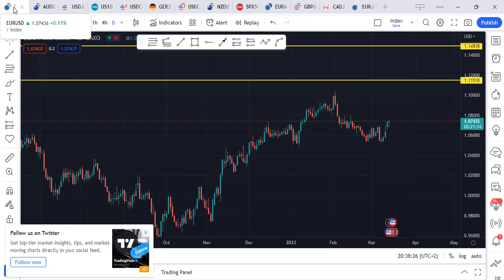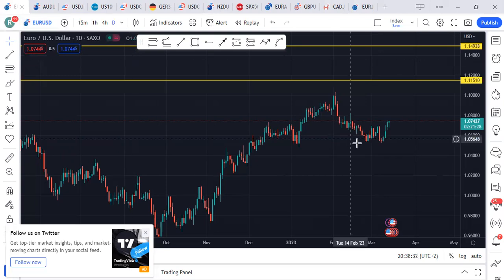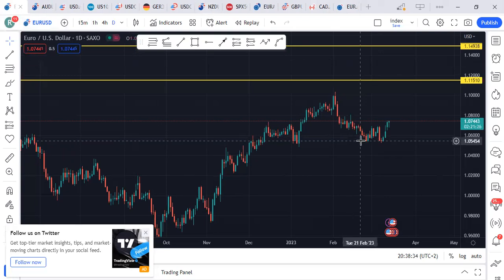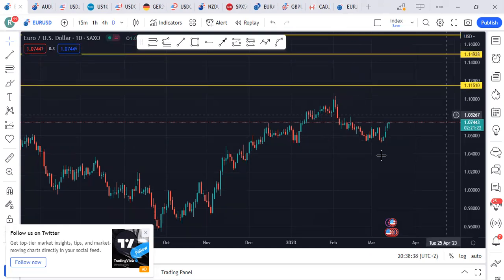First and foremost, let's look at Euro USD, which is our first setup, actually the first chart that I want us to look at.